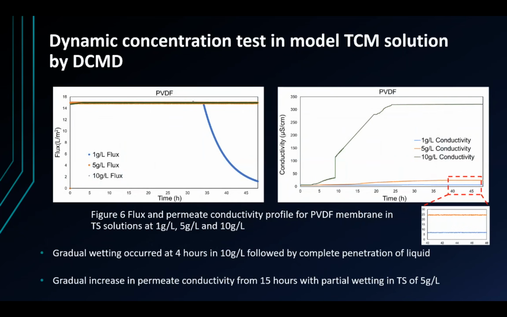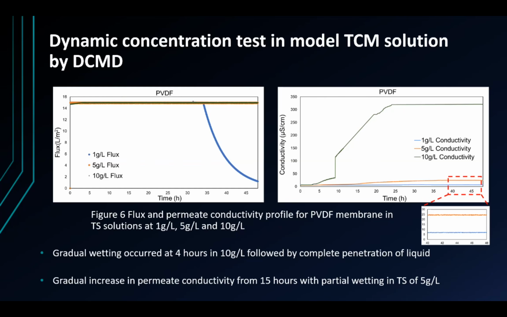Then we conducted a series of dynamic concentration tests in TS solution at a concentration of 1, 5, and 10 grams per liter. We found that gradual wetting happened at 4 hours in the highest concentration, and the permeate conductivity slowly increased to the same value as the feed solution.